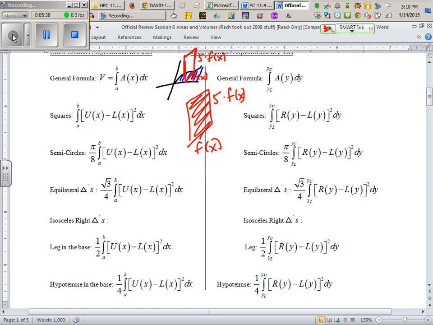Your cross-sectional area could be squares with a diagonal in the base, in which case it would be another 1/2 in front. So you can actually write that in here. Leg in the base. No, that's the isosceles right triangle, though.